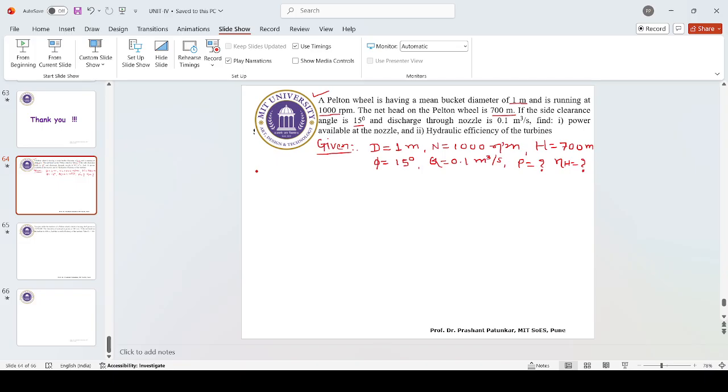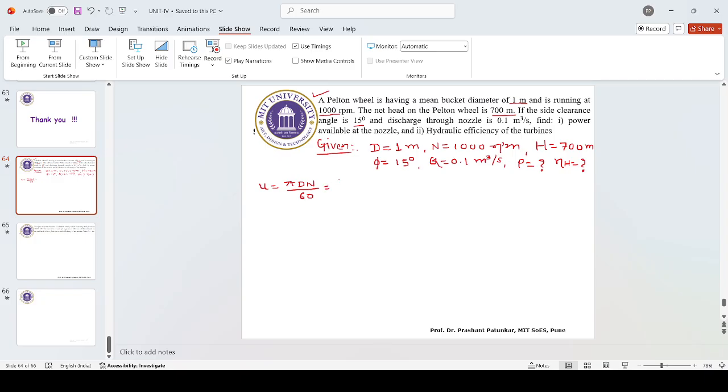Let us see how to proceed with the solution. We can initially find the tangential velocity of the wheel or the runner, calculated as u equal to pi D N divided by 60.